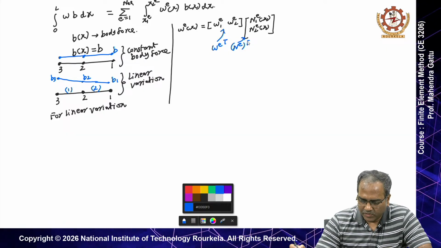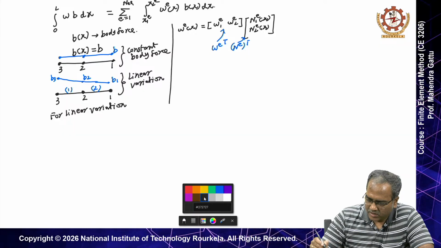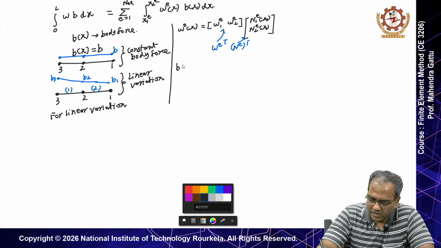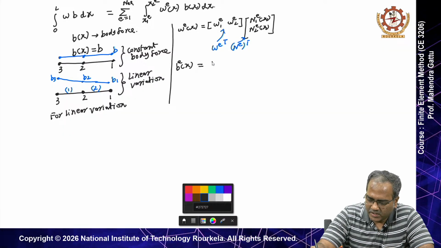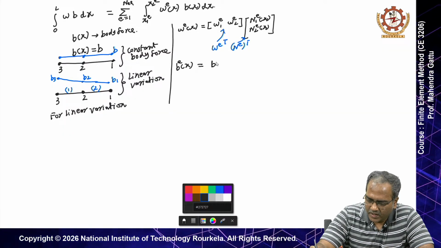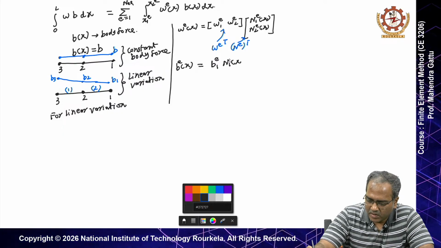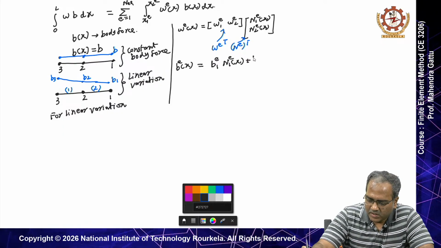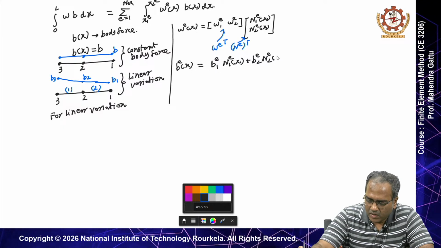And then for b of x, since we are assuming a linear variation in the element, we can write it as b1 e times n1 e of x plus b2 e times n2 e of x.